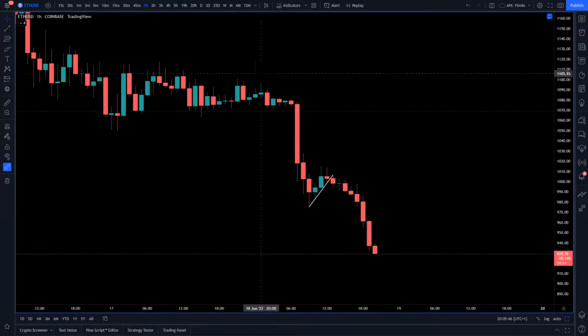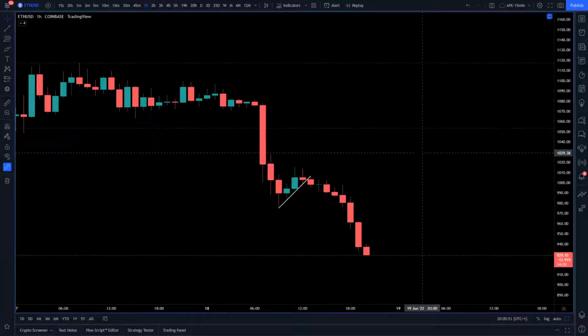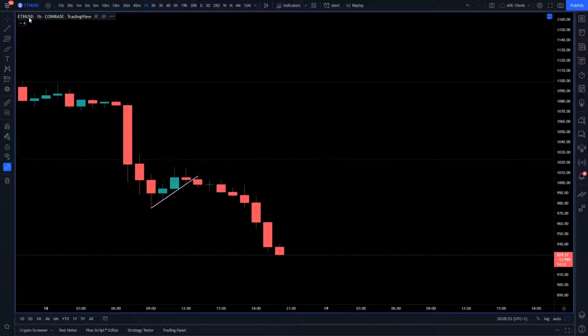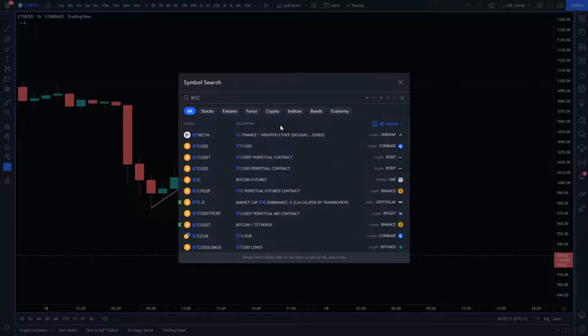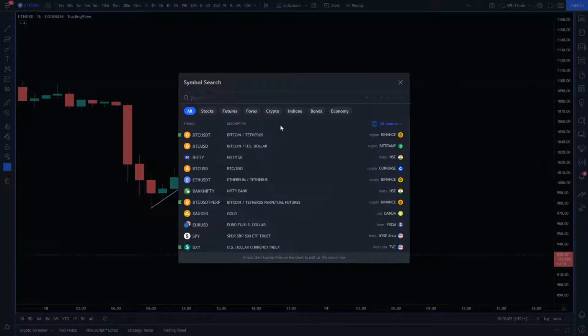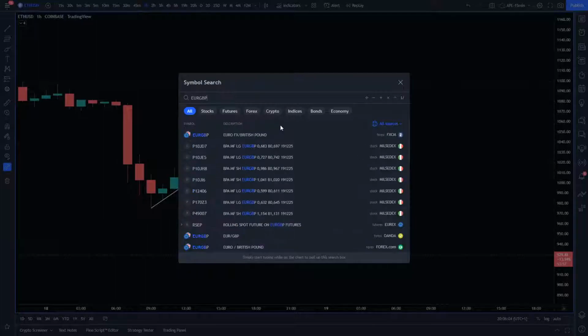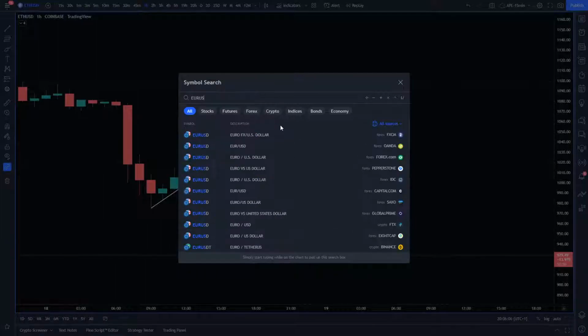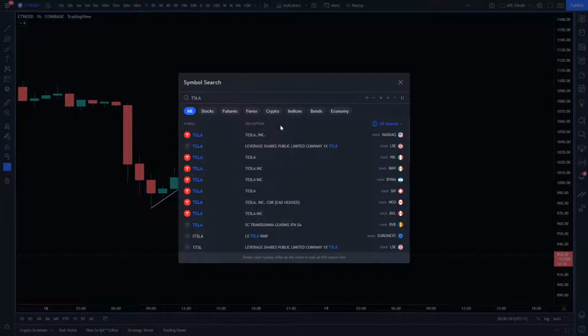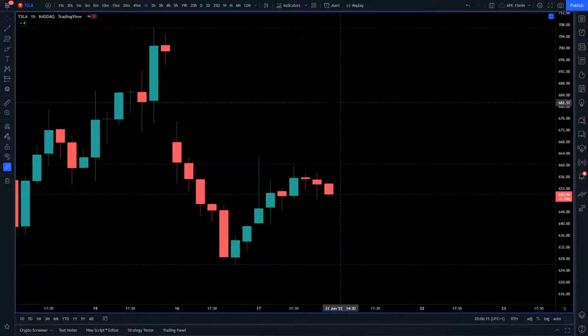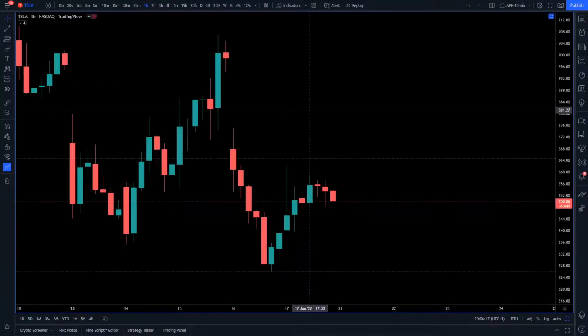This chart is Ethereum USD on the 1 hour time frame, and you can choose any chart you want. You can choose the BTC USD pair, Euro GBP pair, Euro USD pair, Tesla, any chart. They all come in candlesticks.